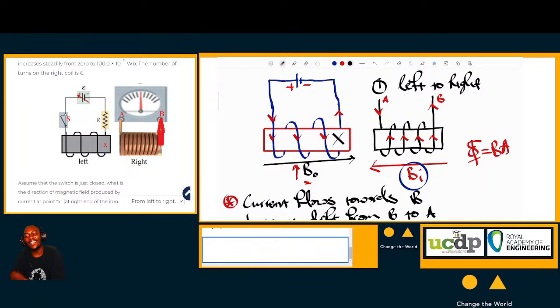So listen, conventional current flows from the positive terminal to the negative terminal, right? Then electrons move opposite to the direction of flow of conventional current.